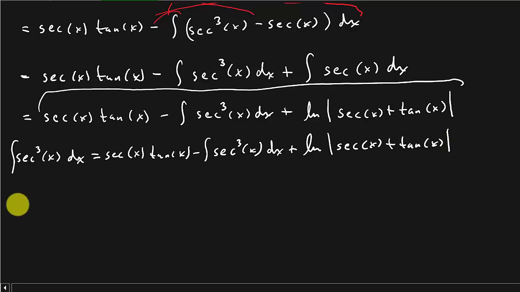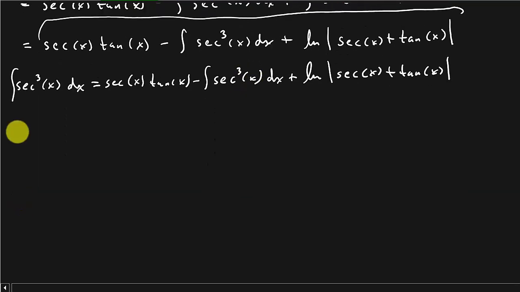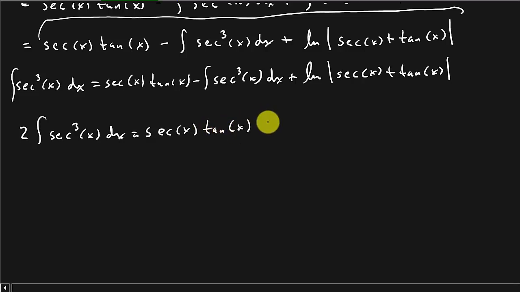All right, well, what if I write this? 2 times the integral of secant cubed x dx is equal to secant x tangent x plus natural log absolute value secant x plus tangent x. So how about that?